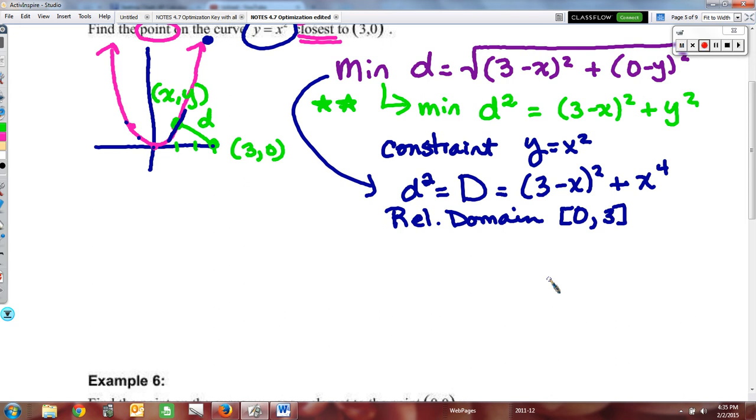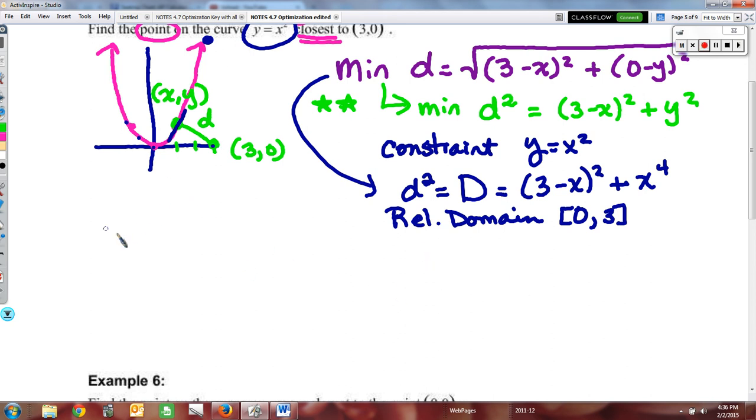And again, it's because it's common sense, you know. It has to be somewhere between 0 and 3. You might be able to narrow it down farther, but don't do that. You just need a closed interval, so go with the blaringly obvious that it can't be directly horizontal from the point or directly vertical from the point, that it would have to be in between because the median of a triangle would have to be shorter. Think of it like that.